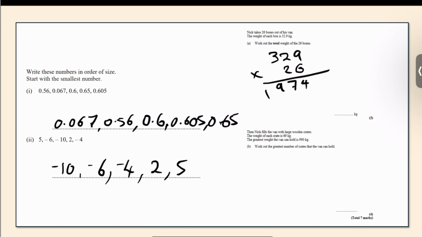Okay, then I'm going to do 9 times by 2, but remember it's not 2, it's a 20, so put the 0 in first. So that gives me 18, carry the 1. 2 times by 2 is 4, add that 1 is 5, and then 3 times 2 is 6.